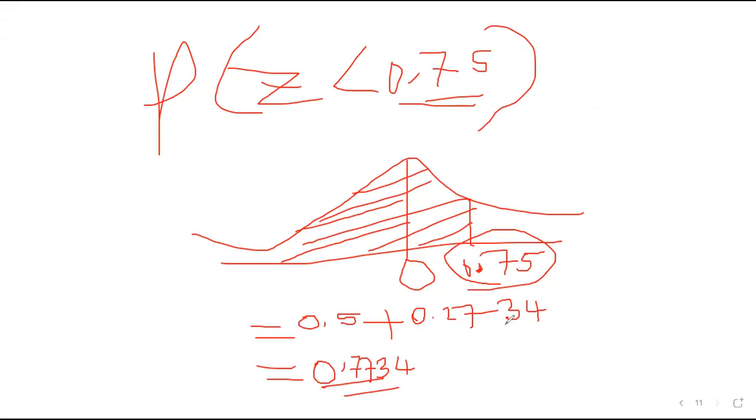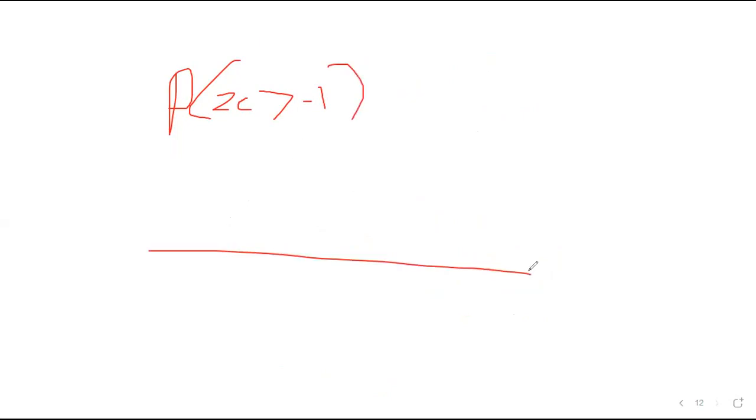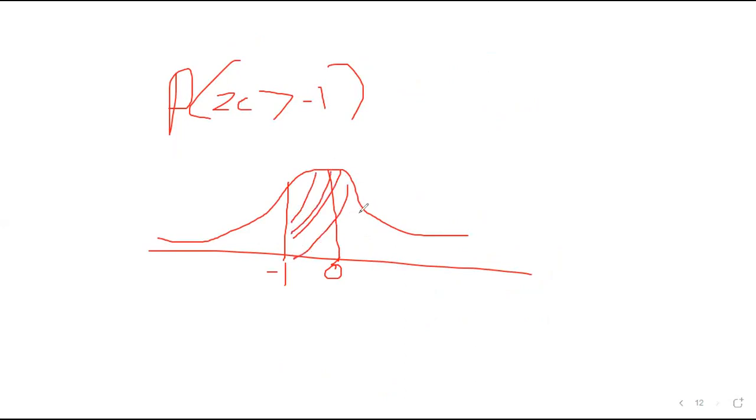Yes. Okay, so who can give us the answer when we are saying the probability that Z calculated is greater than -1? You have to locate where -1 is. So greater than -1, you come this side and put -1 here. Anything greater than -1, we are simply shading this area.